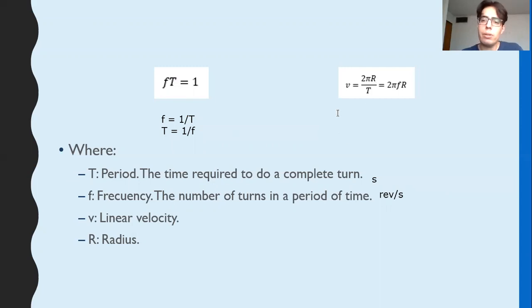I don't know if you remember, but in topic 7, we saw how to transform frequency into angular velocity. Let me write it by hand because it uses Greek letters. The angular displacement is gonna be equal to 2 pi times the frequency.